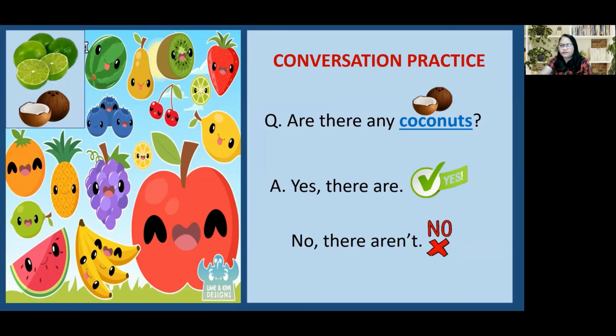What if I change this one and ask, are there any corn? Can you see corn here?